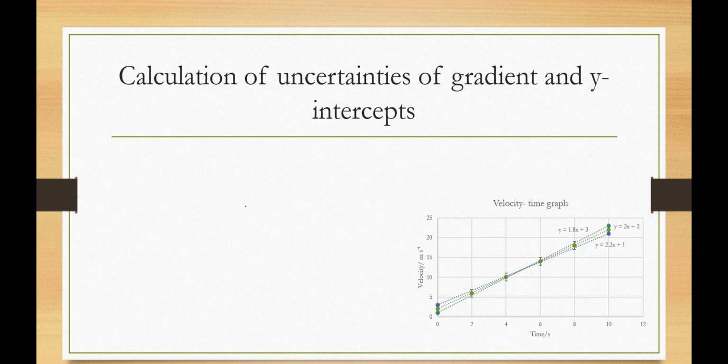So, the first step is use the error bars and draw best fit, max fit, and min fit lines as shown here. I was about to say max fit and min fit, which is the same as the worst fit. Now, use the option display equation and then show the equation in the graph.